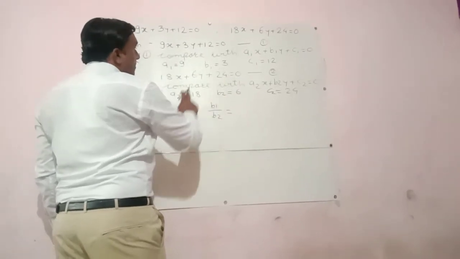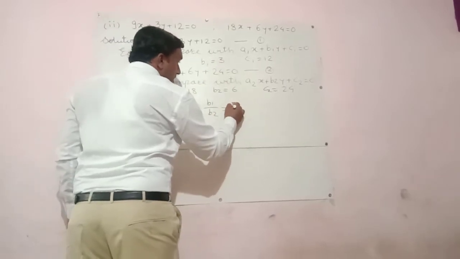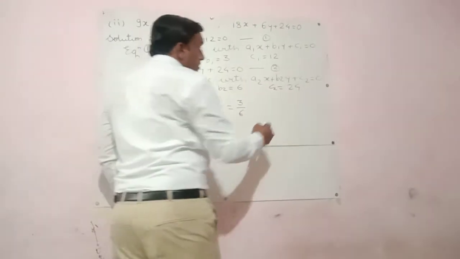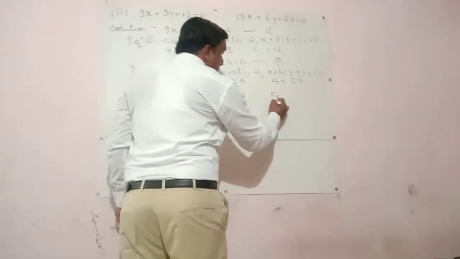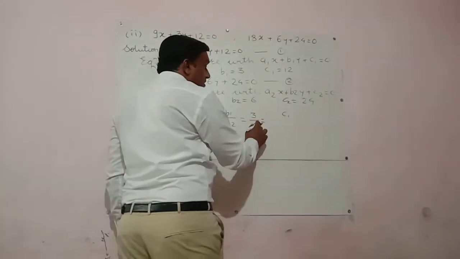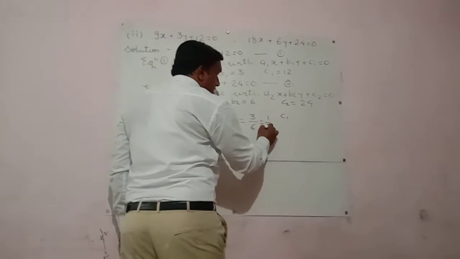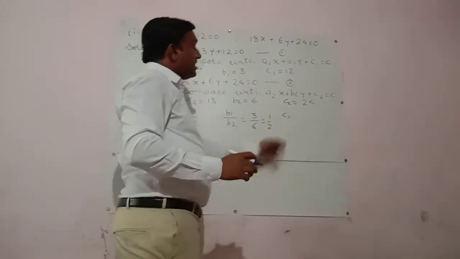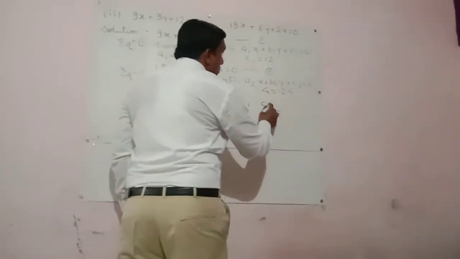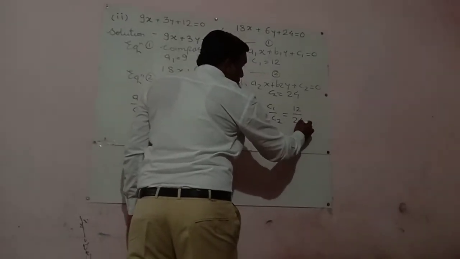Here b1 is 3 and b2 is 6. We simplify it: 3 1s are 3, 3 2s are 6, so 1 by 2.